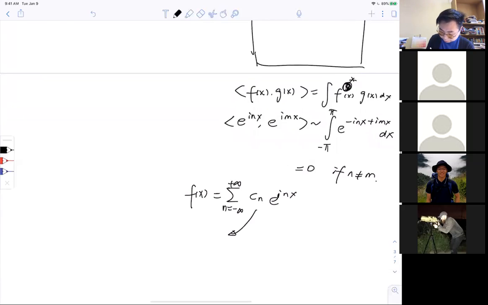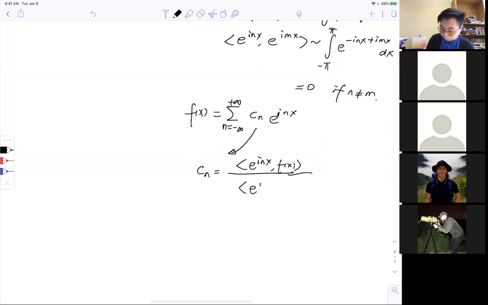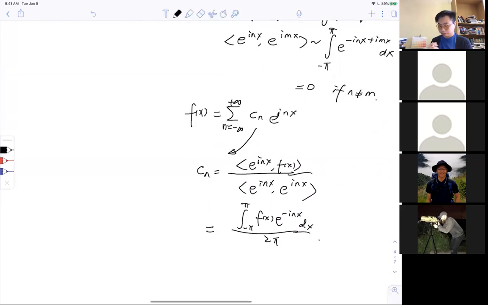And the coefficient can be given by this form, like what we have before, which is 1 over 2 pi times the integral, like this.